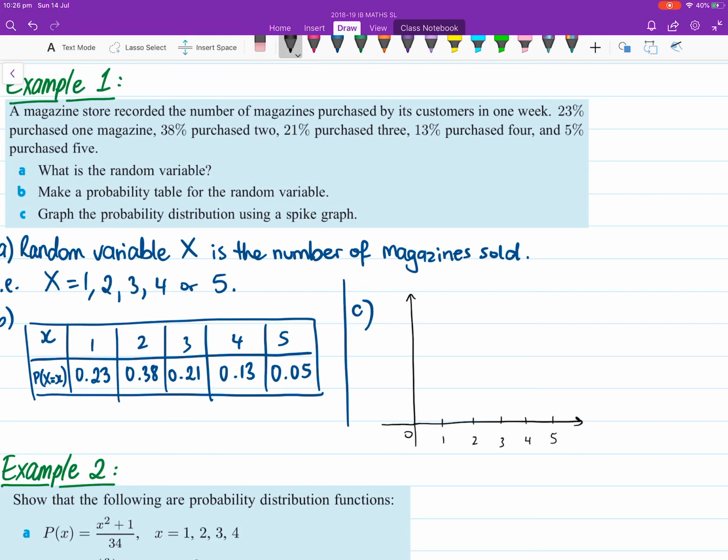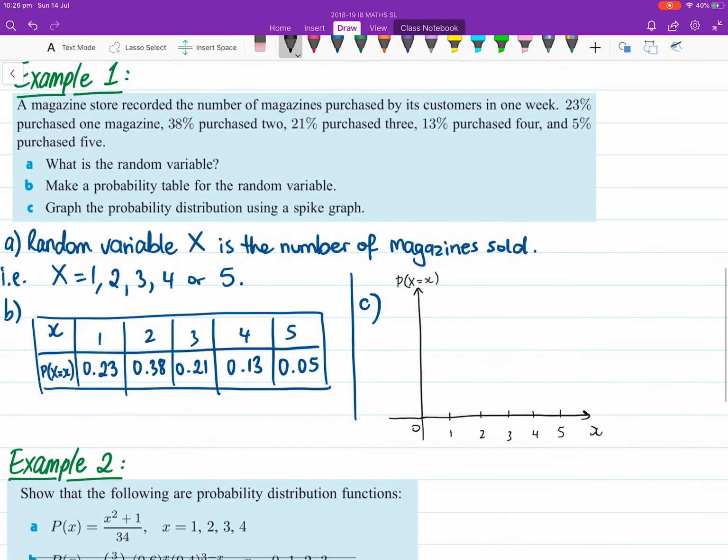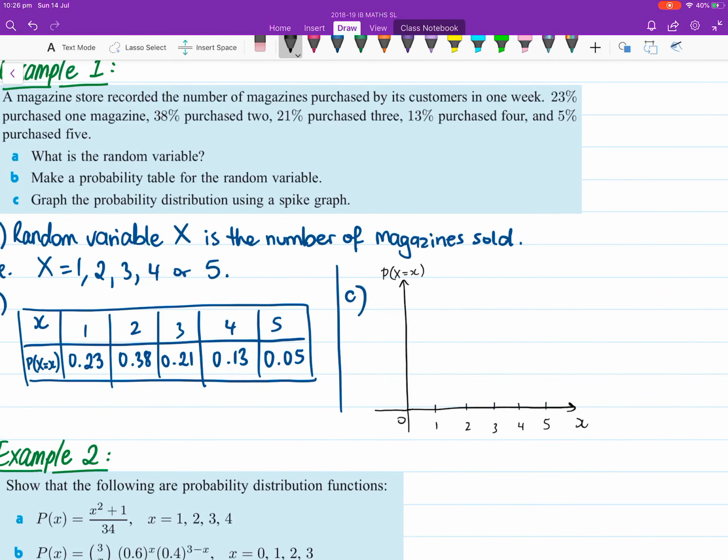And then I'll label that as X, and on your Y-axis is going to be your probability. So you could just put P(X) up there. We can write probability. And what are our numbers ranging between? From 0.05 up to 0.38. Oh, I should have spaced this better.